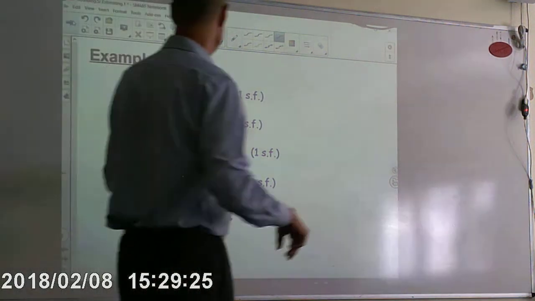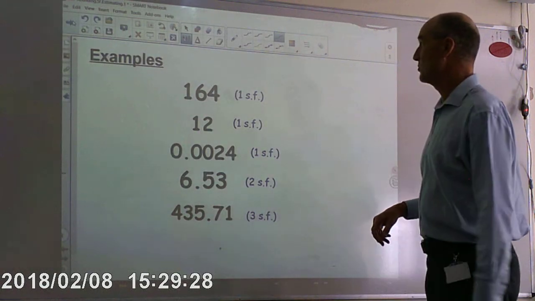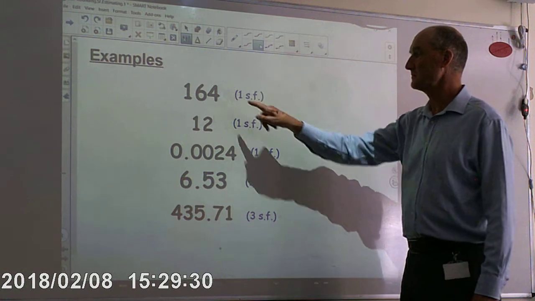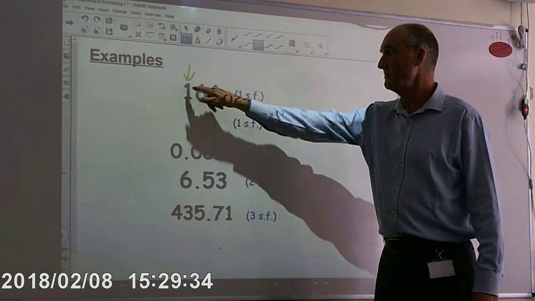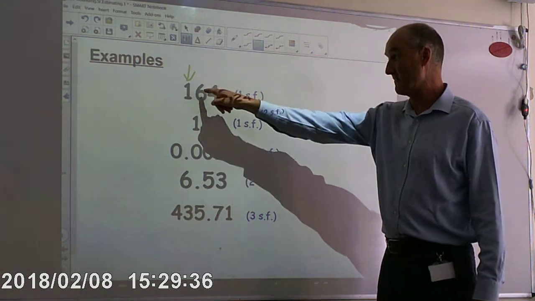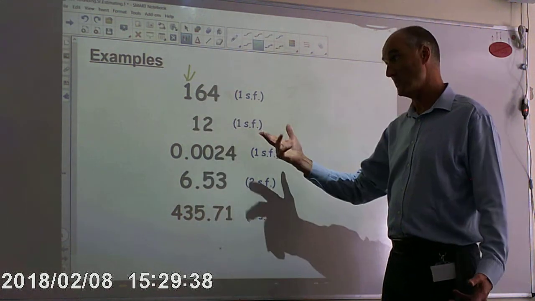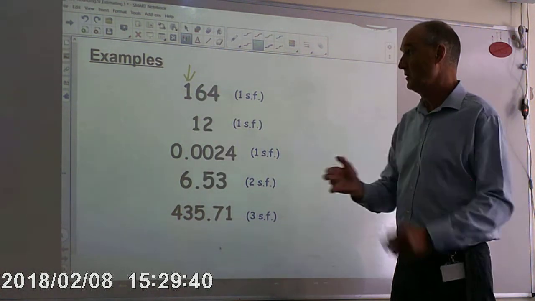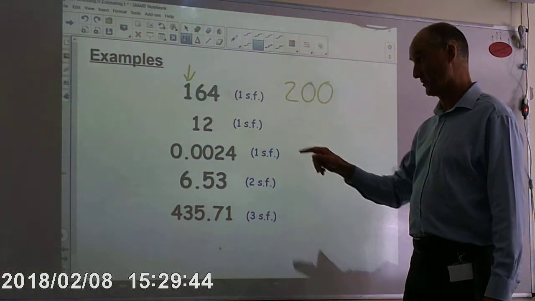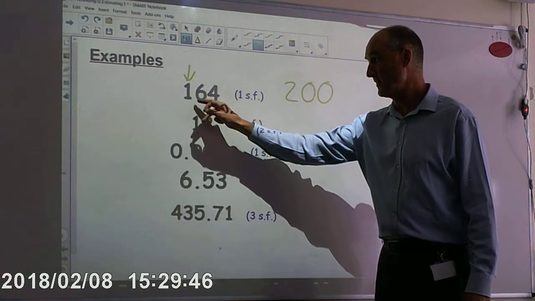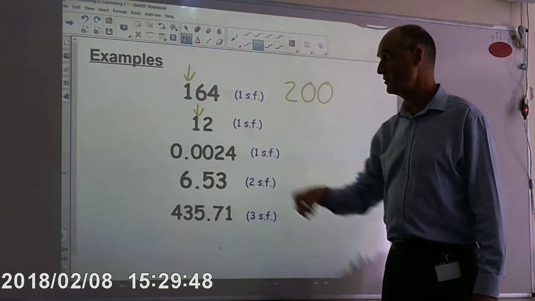Okay, so examples to one significant figure. 164. That's your first significant figure, the 1. Is it affected by the 6 that follows it? Yes, it is, because it's 5 or more. So to one significant figure, 200. To one significant figure, the 1 is your first significant figure.